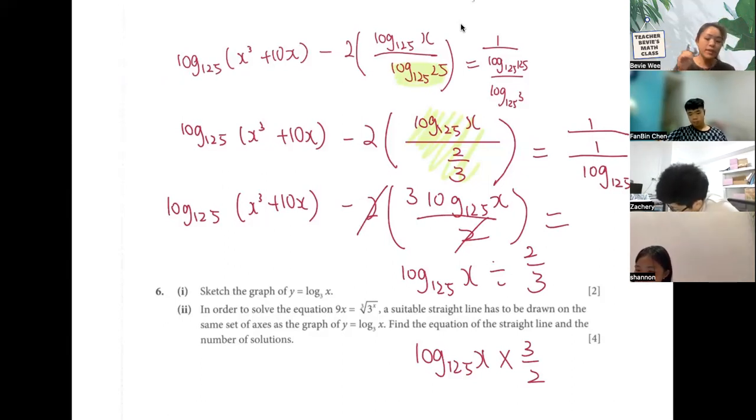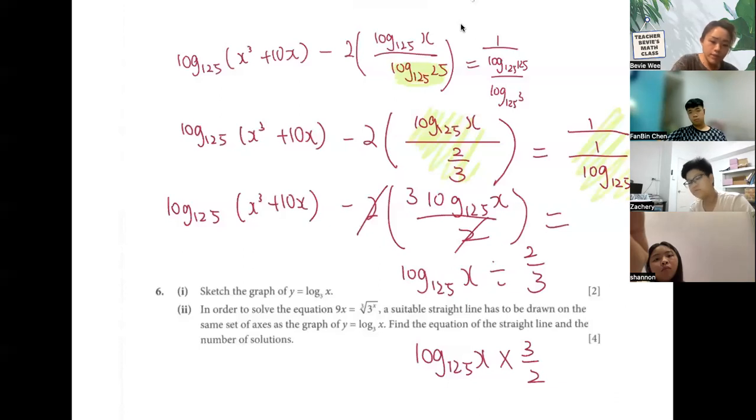I keep change flip for the one that I highlighted. Okay, up to here, can? Okay, this right hand side, same thing, I also keep change flip. I pull it down and I do it separately first.